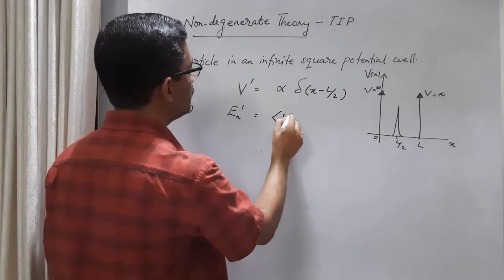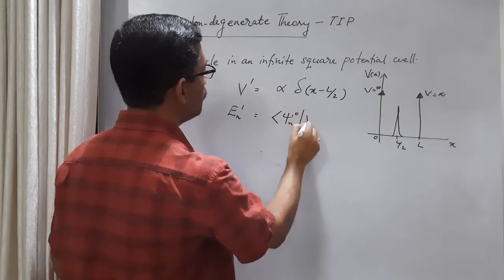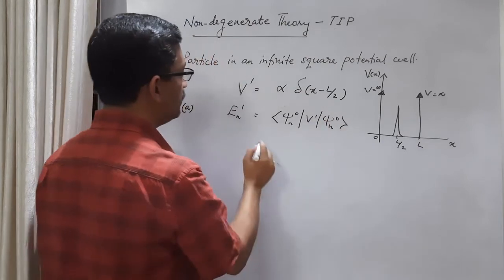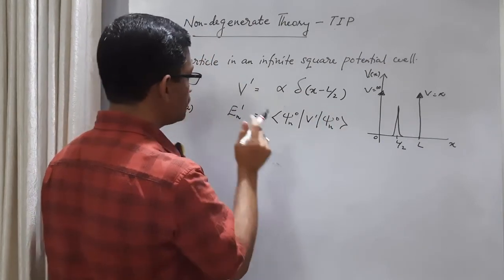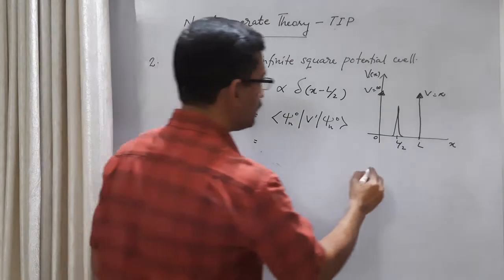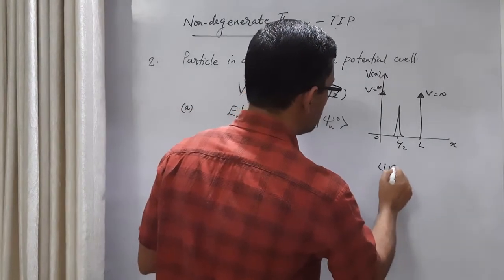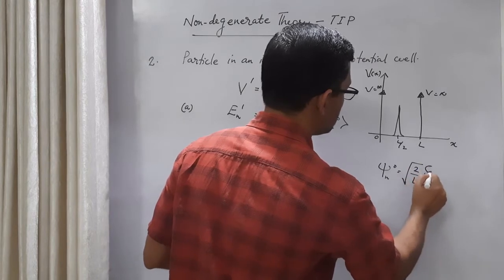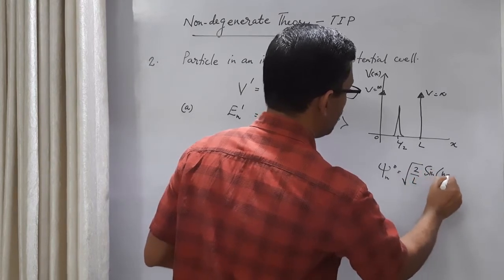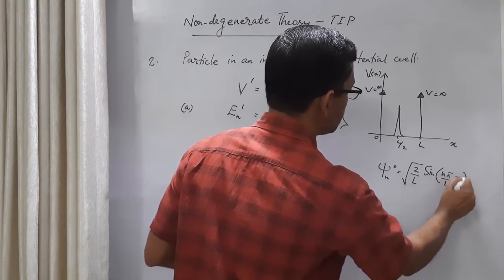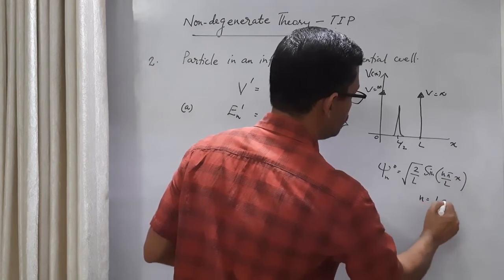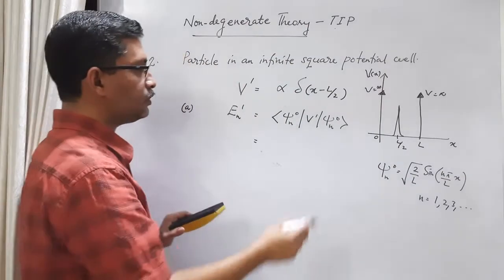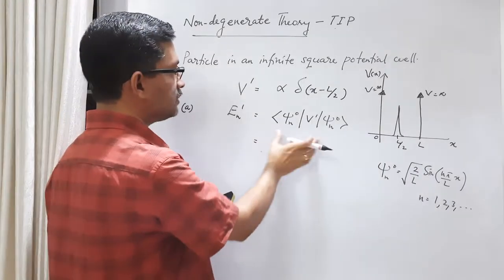En1 is simply <psi n0| V' |psi n0>, right? So let us substitute the values. What is psi n0? Psi n0 is root 2 by L sin(n pi x by L), where n is equal to 1, 2, 3, etc. Right? So if you substitute that here, this is an integral.